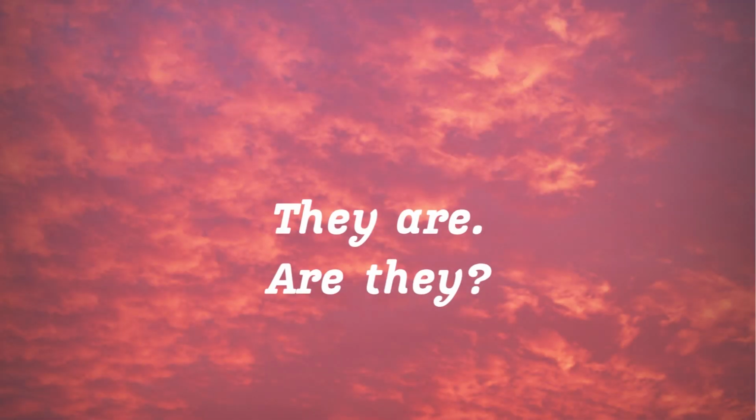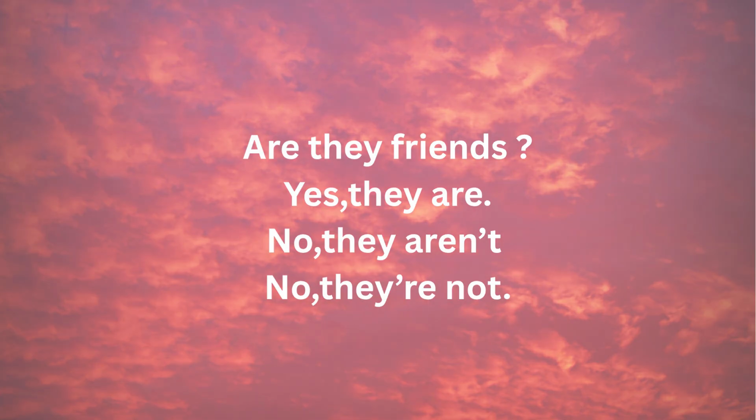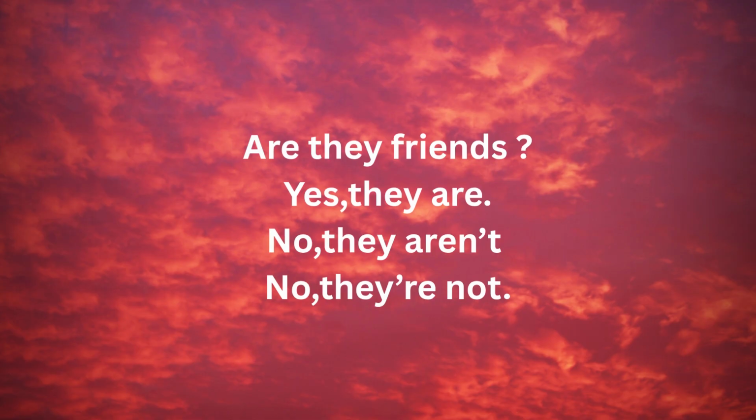Okay, now we are moving on to they are in a question. The sentence says they are friends. Remember, they're is a contraction for they are. The be verb are goes in the front of the question. Are they friends?